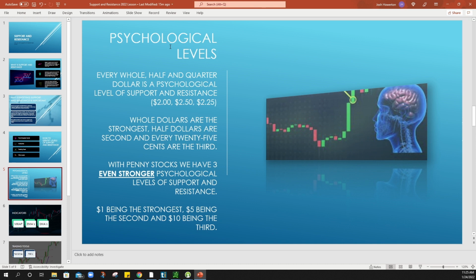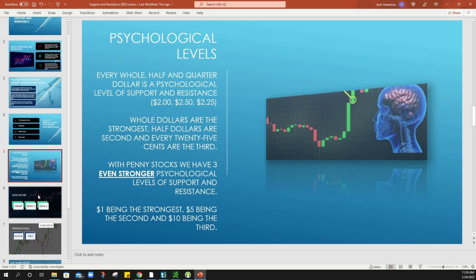Now we're talking large cap stocks. You got $100, $150, $200, those big main whole numbers. $500, $1,000, $2,000, for those larger cap stocks. So those are psychological levels, those mindset levels, whatever you want to call them.